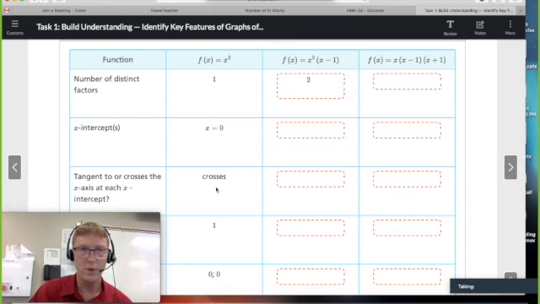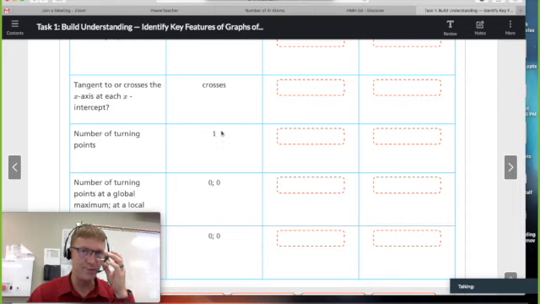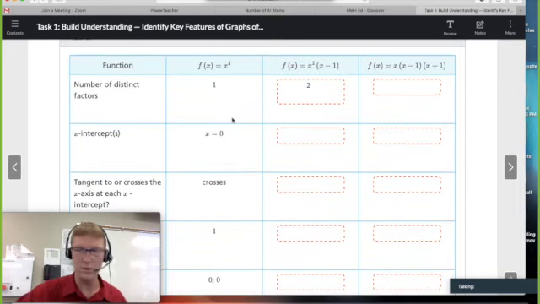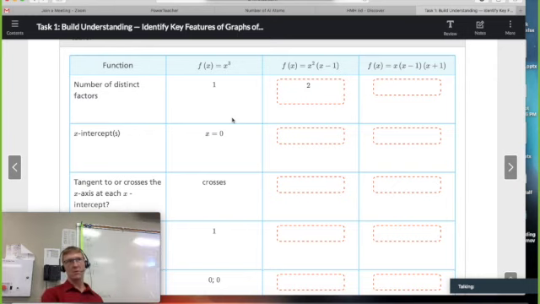So then when it comes to tangent or cross, that's where we're going to kind of need to look at the graph of each of these functions. So what you can do, oh no, it's lunchtime. What you can do is just pull out your graphing calculator to kind of solve some of these so you get a feel of what they look like.